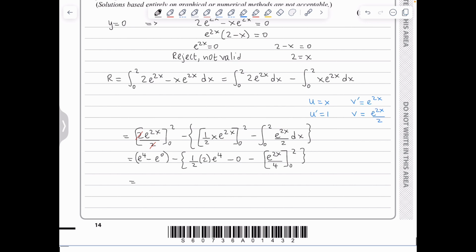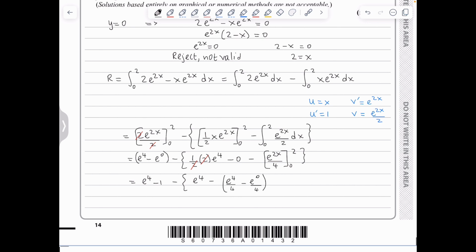So this is e to the 4 minus 1 minus, well, the half with the 2 will cancel out. I've got e to the 4 minus e to the 4 over 4 minus e to the 0 over 4.